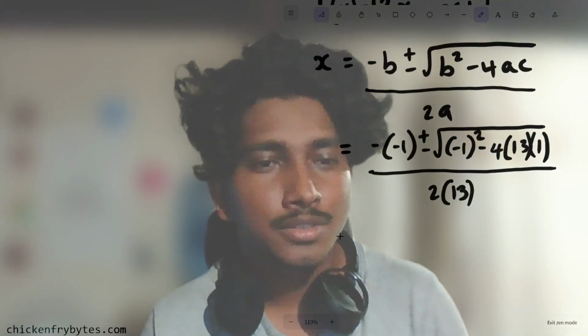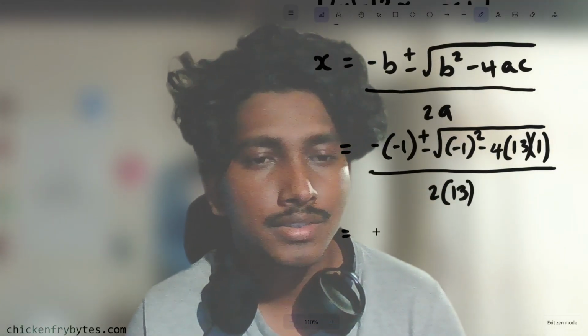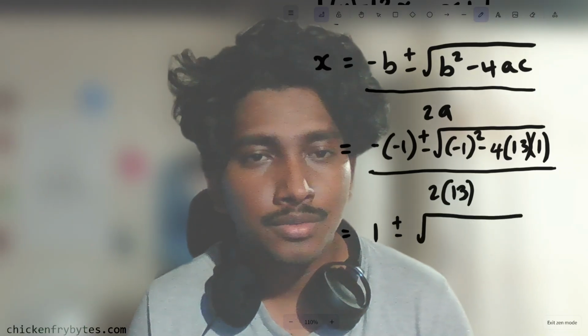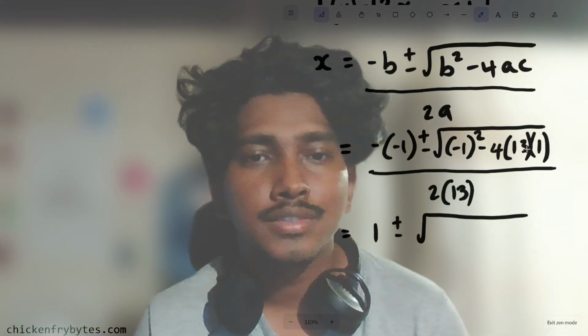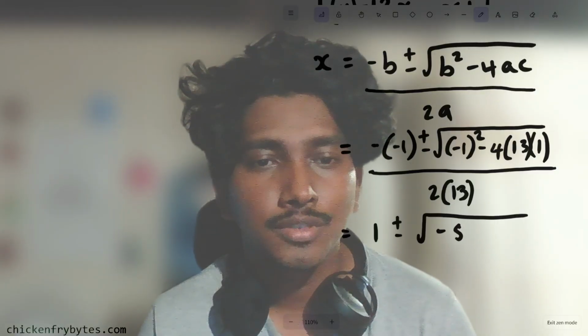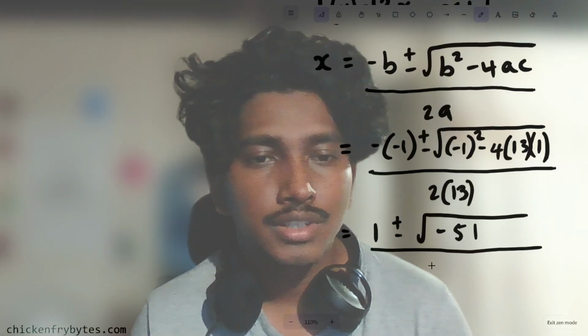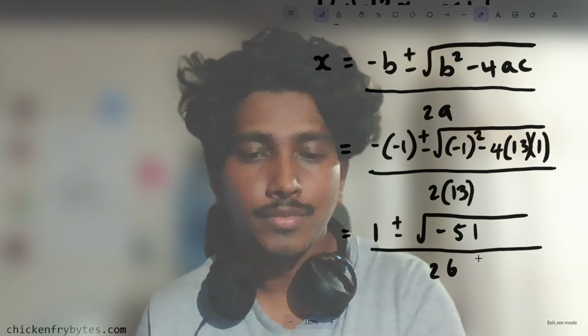And so this will evaluate to negative of -1, which is +1, plus or minus the square root of, well, we know 1 minus 52, which is -51, all divided by 2 times 13, which is 26.